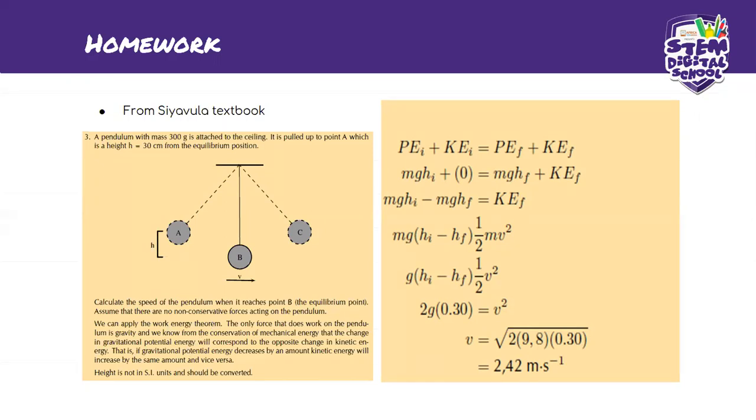So here we're dealing with conservative energy, and when we do conservative energy, we're talking about the gravitational potential energy. From the conservation of mechanical energy, the change in gravitational potential energy will correspond to the opposite change in kinetic energy. That is, if gravitational potential energy decreases by an amount, kinetic energy will increase by the same amount. What does this mean basically?